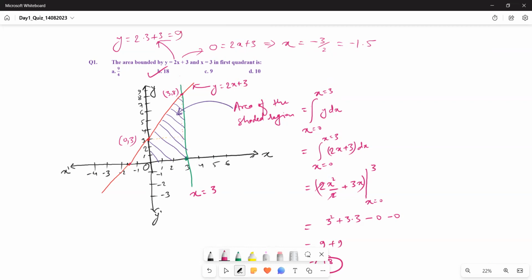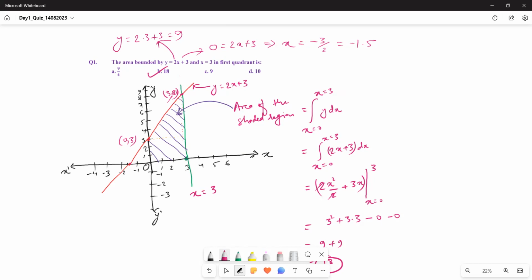So this point will be actually 3, 9. When you substitute the value of x, that is 3, in this equation, you see that both lines intersect at 3, 9. So this will be our point.